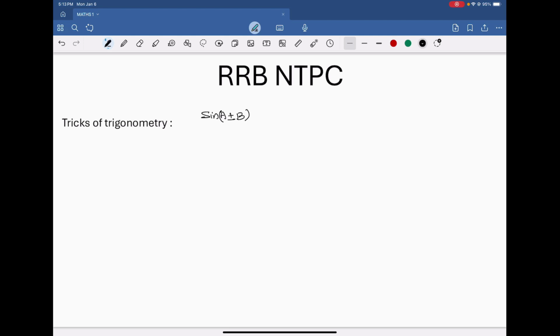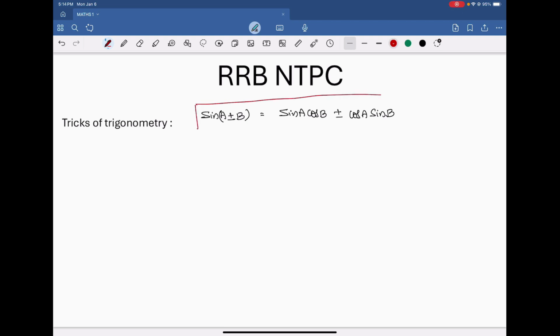Now, for example, sin A minus B is also possible. Then we write sin A plus or minus B, let us say, as a combined formula. It is written as sin A cos B plus or minus cos A sin B. Whenever there is a plus on the left hand side, there is a plus on the right hand side.